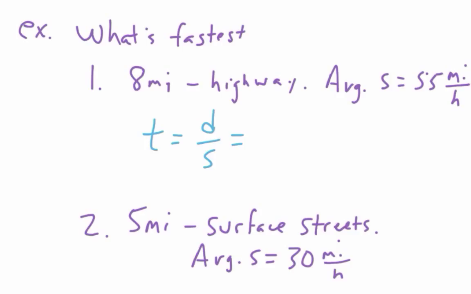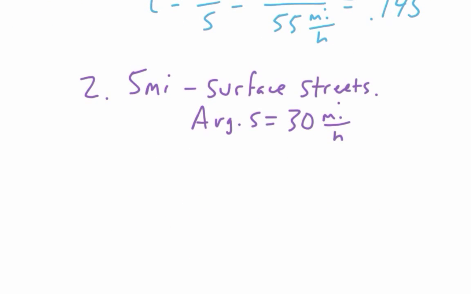In this first one I have 8 miles divided by 55 miles per hour. If I punch that in, I get 0.14545454545. I could multiply that by 60 if I wanted to, and we get a certain number of minutes.